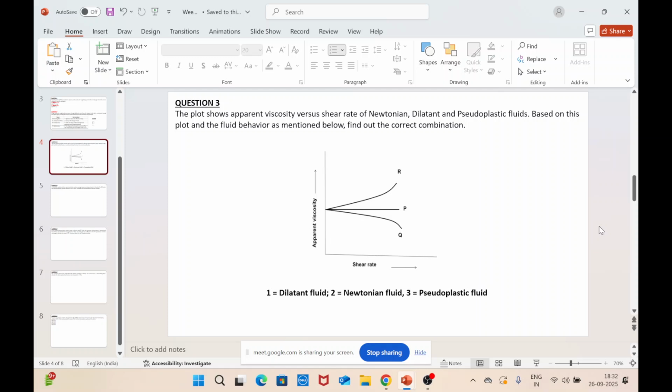So this is exactly based on the definition of pseudoplastic fluid and dilatant fluid.